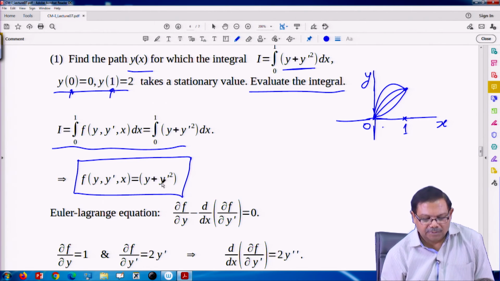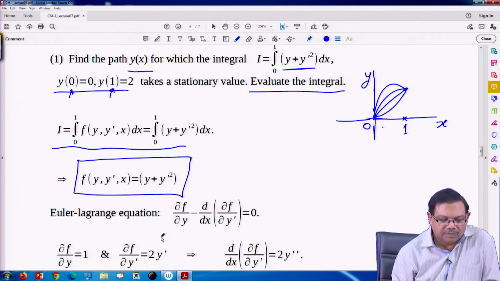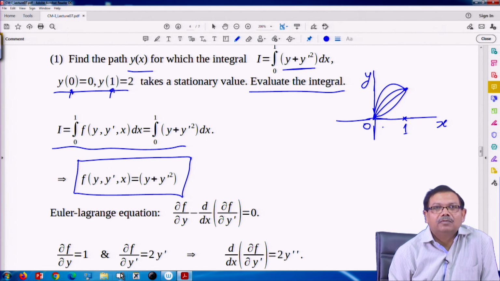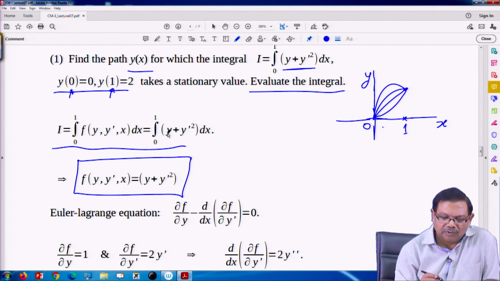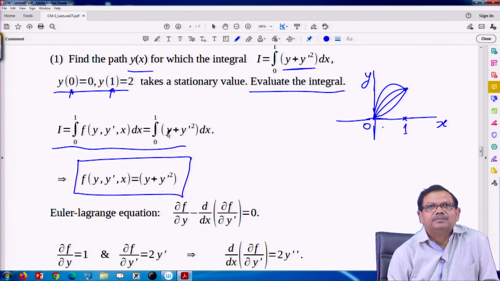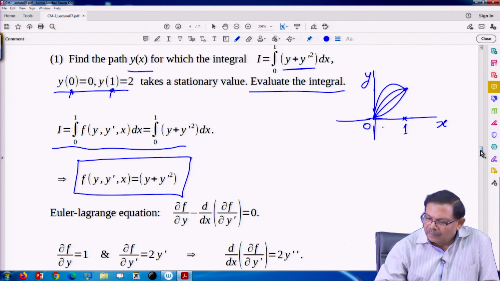So, this integral is f dx between the 2 points, and we have to find the value of y, not the value of f. F you will get automatically when y is set. So, first we have to find a curve for which the integral has a stationary value.